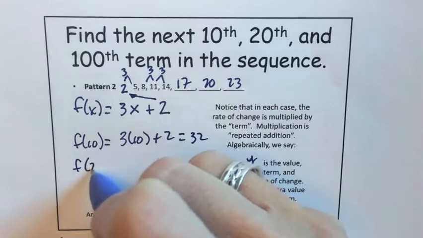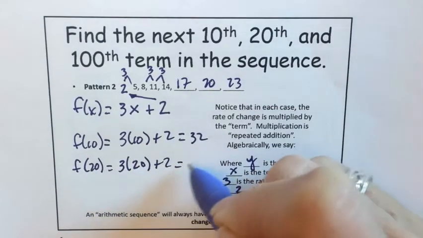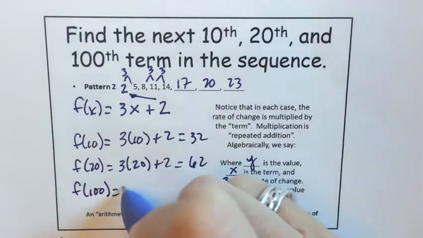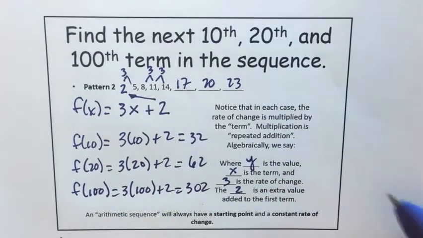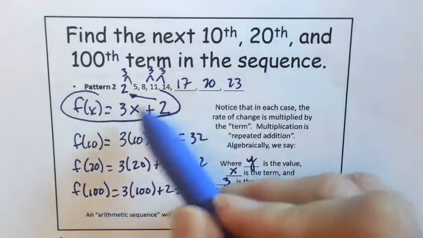If I want to find the 20th term, I would do 3 times 20 plus 2, which would give me 62. If I want to find f of 100, which is 3 times 100 plus 2, which would be 302.